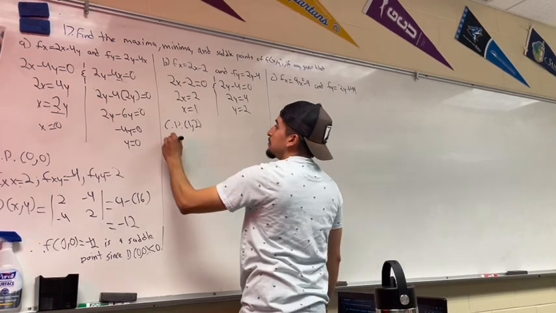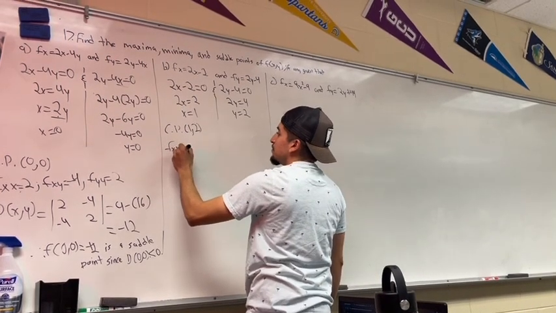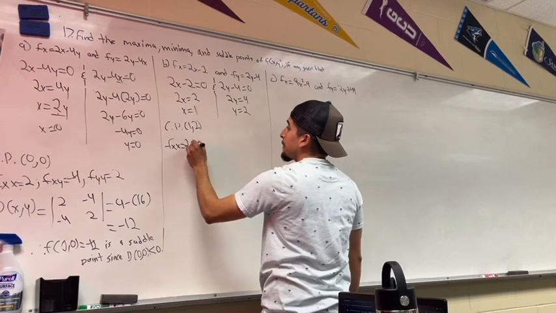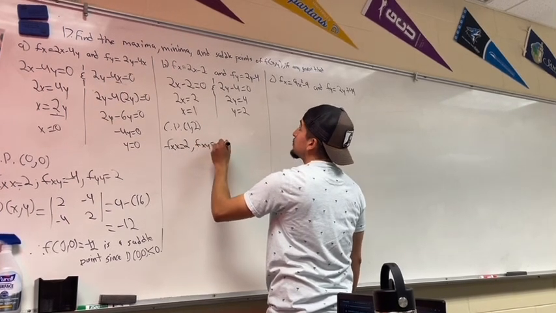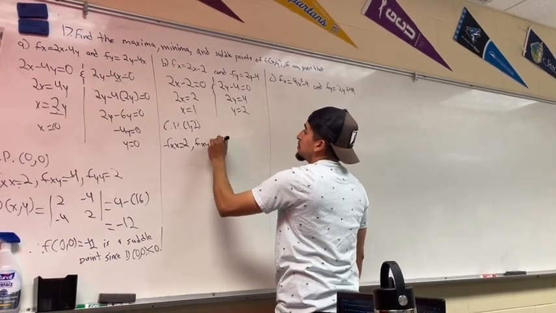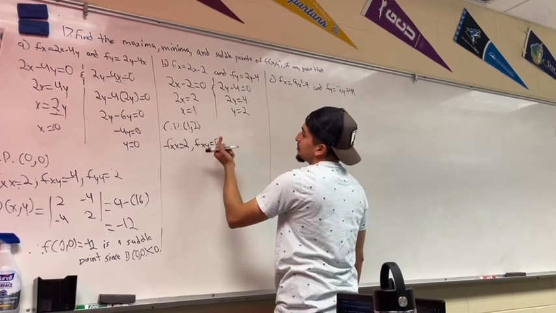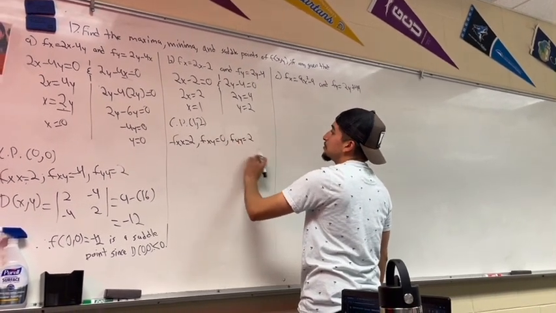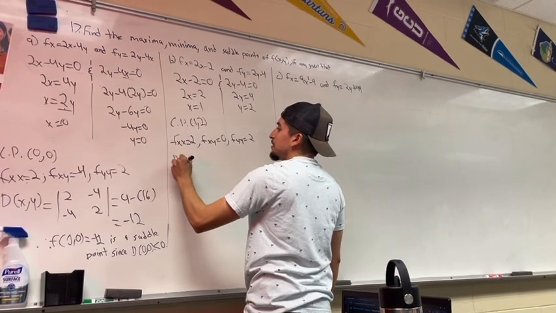Now we gotta do partial of xx, which equals 2, right? Partial of xy equals 0, and yx is 0 as well, and partial of yy equals 2. So we put it in determinant form.